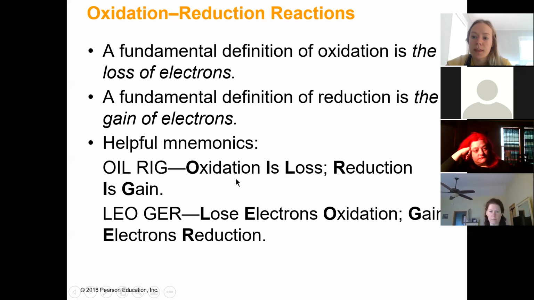So the thing that's being oxidized is losing electrons. The thing that's being reduced is gaining electrons. If one thing is being oxidized, it's losing electrons, another thing has to be gaining those electrons. They can't just be floating around. Here's another one, Leo the lion goes grr. Loss of electrons is oxidation, gaining of electrons is reduction.